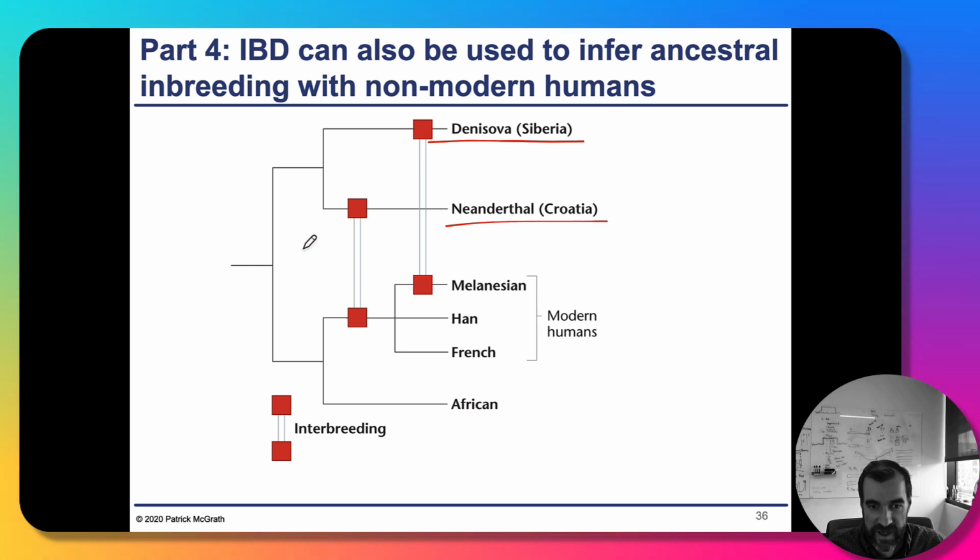And so we can now start to recognize parts of our DNA that came from Neanderthals or these Denisovan ancestral populations.